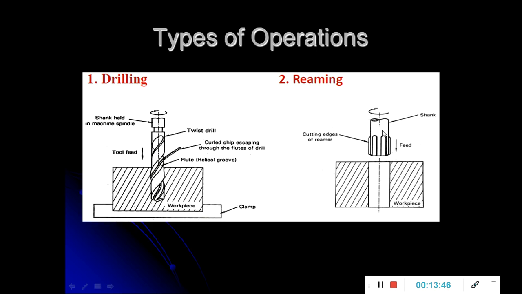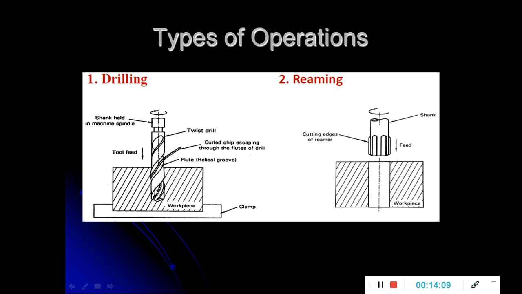The speed given for the reaming operation is less than for drilling. The rotating reamer is slowly inserted into an already drilled hole, and it will remove a small amount of material, in terms of microns, to remove the burrs which remain inside the hole after the drilling operation.